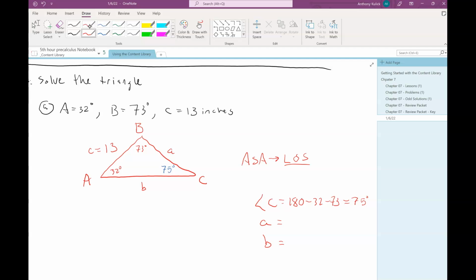Here, solving A or B doesn't matter in this case. So, for the sake of argument, let's solve for side A first. Okay with that? So using the law of sines, one of the ratios I need to pick is the one where I know both the side and the angle, right? Because the law of sines is sine A over A equals sine B over B equals sine C over C. So first I want to figure out which of those ratios I know both the side and the angle for.